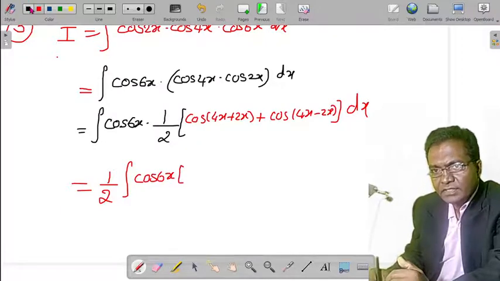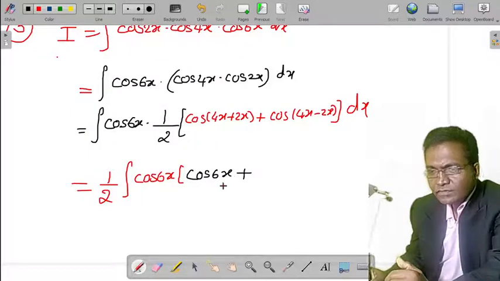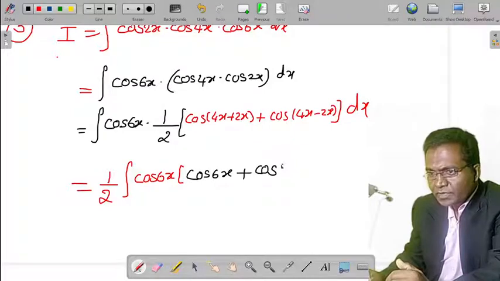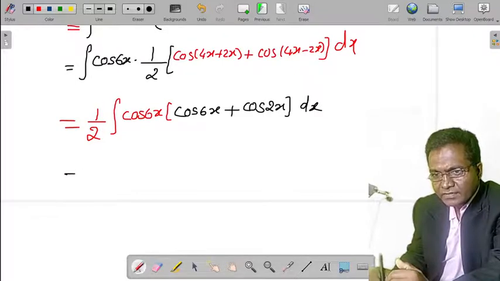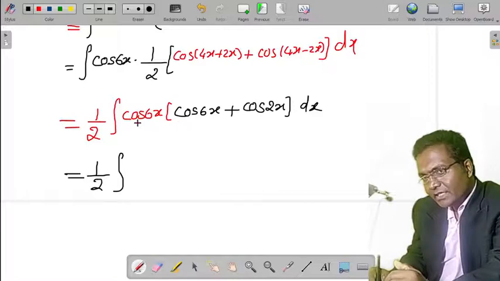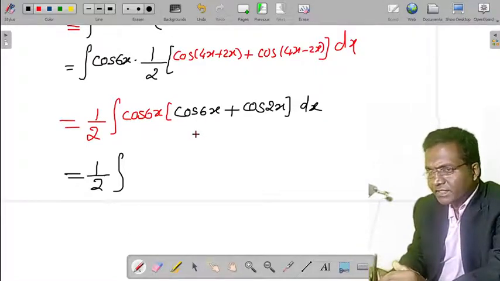This 1 by 2 outside, integration of cos 6x into, this gives you cos 6x plus 4x minus 2x gives you cos 2x, into dx. 1 by 2 integration, multiply this cos 6x into cos 6x.